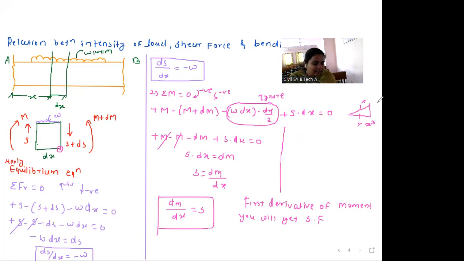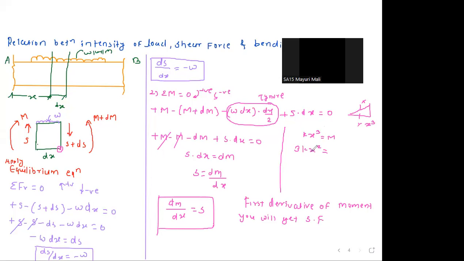So moment is k into x cube, where k we will assume as a constant. We have to take the first derivative of this. Now the derivative of k into x cube is 3, yes, what is the derivative?